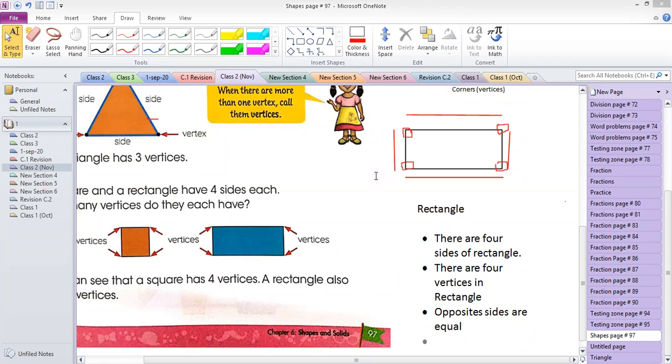Electric socket. You can say electric socket. Very good. Carom board. Very good. Amal. Very good. Window. Very good. Any other examples, guys?